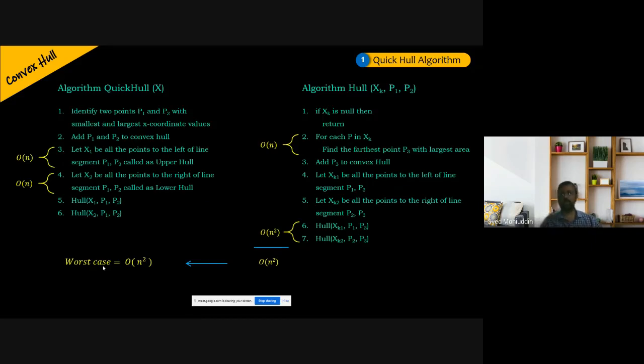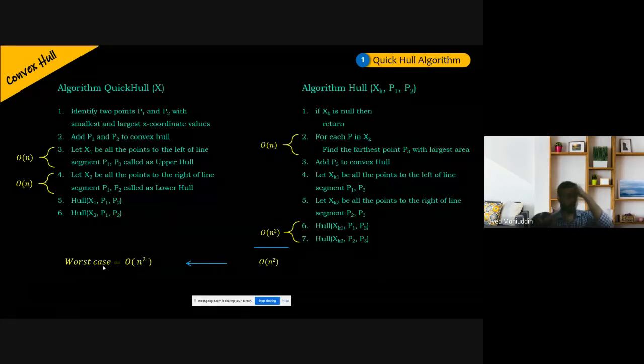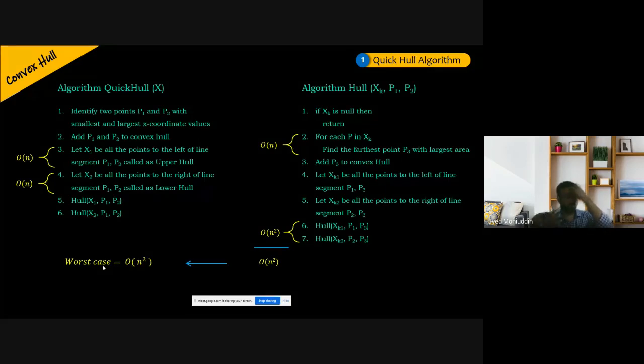So that is all about the convex hull. There are also the Graham scan algorithm as well as the quick hull algorithm, but these two algorithms are not mentioned in your syllabus. Not even the divide and conquer approach is mentioned for convex hull, or for closest pair.